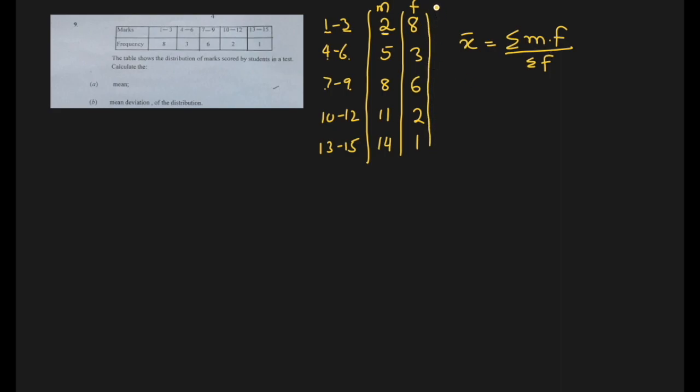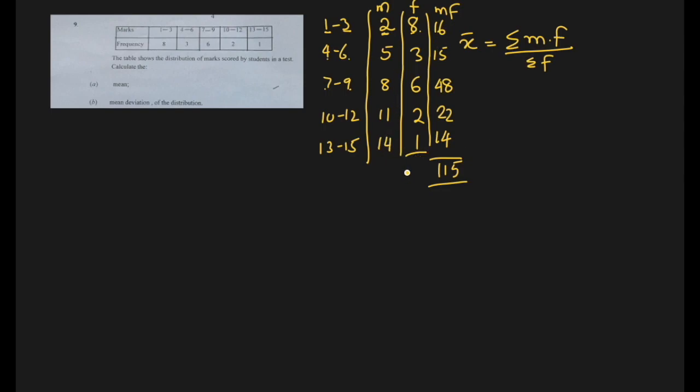First I will find mf, meaning multiply m and f. 2 times 8 is 16, 15, 48, 22 and 14. We can add them. So 31, 79, 81, 100, 115. 115 is the sum of mf.